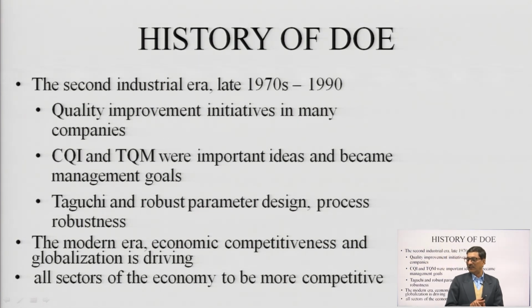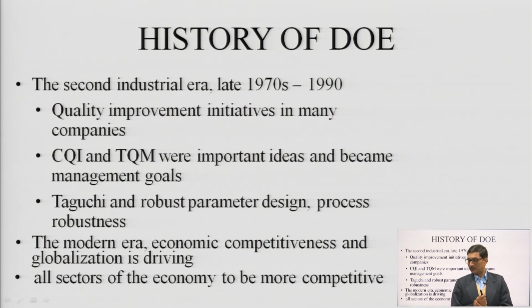The second industrial era is late 1970 to 1990. In this era, the quality improvement initiatives in many companies, CQI and TQM, were more important ideas and became management tools.